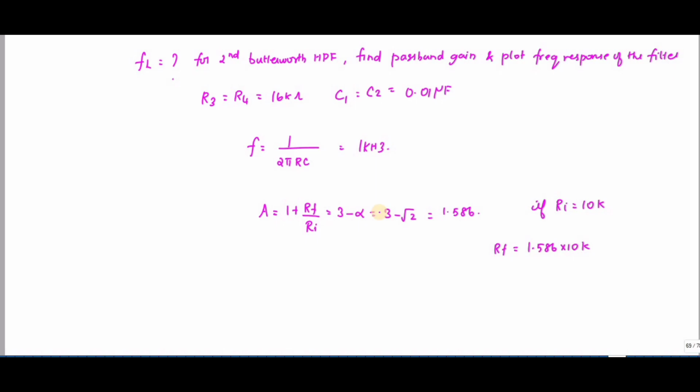So we have found out these values, and if I want to find the voltage gain, that is nothing but A divided by the root of 1 plus (f_L by f) the whole power 4.